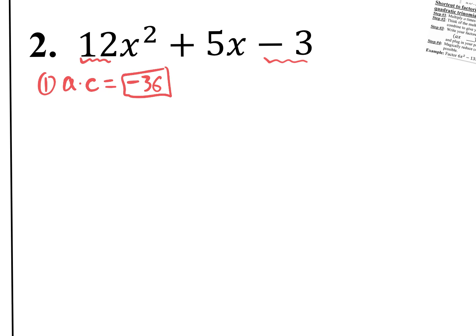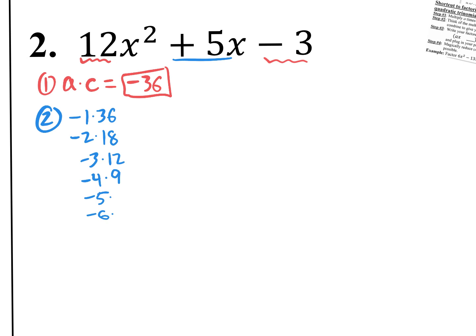If you go back and read the steps, step 2 is to make a list. Think of the multiples of that answer, which in this case is -36, that combine together to give you the b value, which is 5. But let's actually make a list of the multiples of -36. -1 times 36. -2 times 18. -3 times 12. -4 times 9. -5 times nothing. -6 times 6.